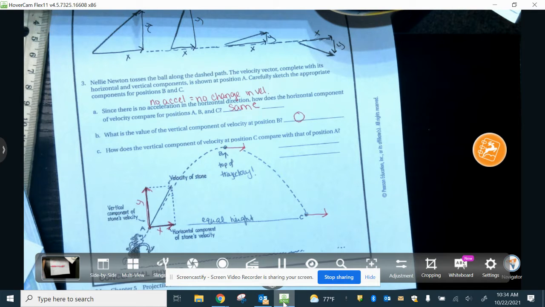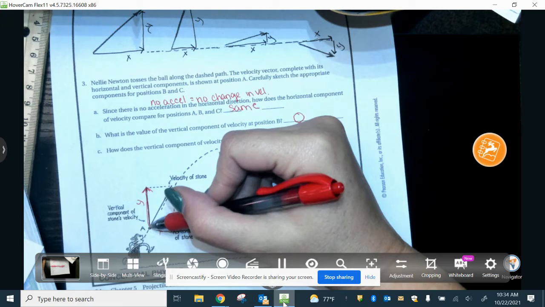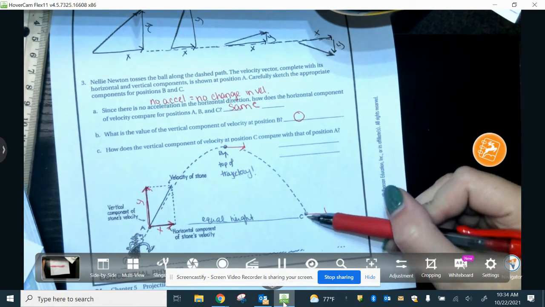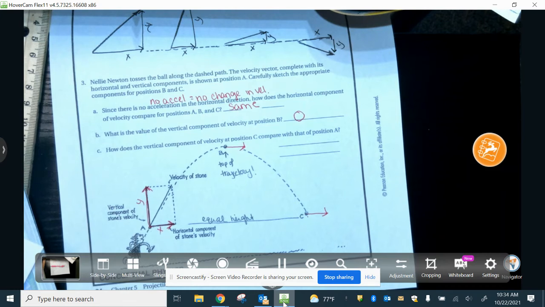C asks, how does the vertical component of velocity at position C compare with position A? So, at A, it's going upward. At C, is it still going to be going upward? No, that ball's not going up. What's it doing? It's going down.